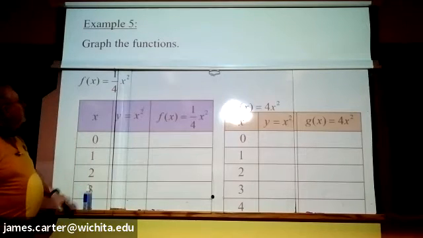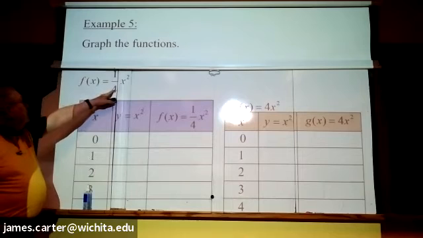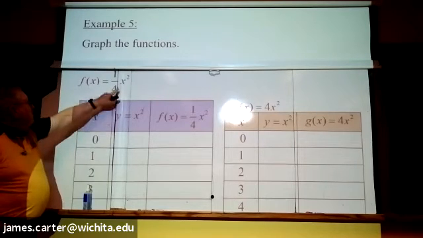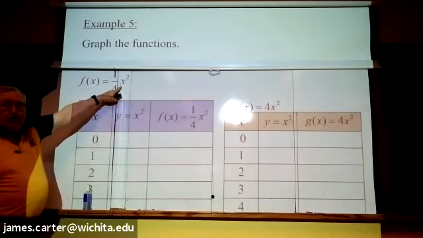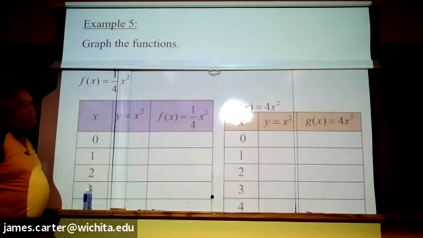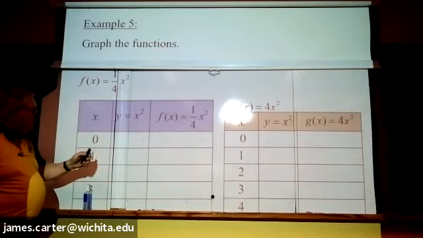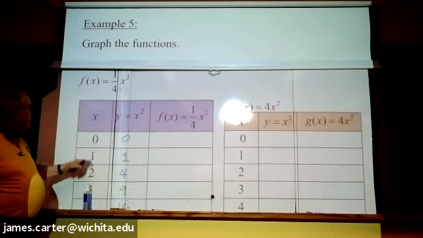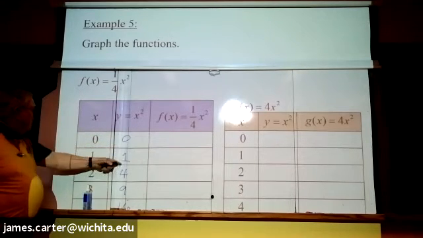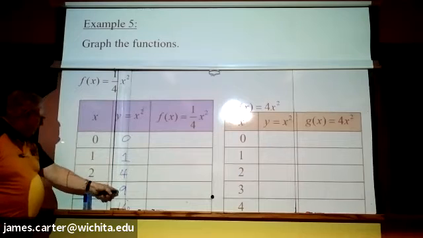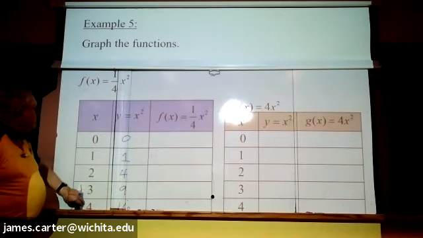Okay, here's an example. If f of x equals 1/4 of x squared, remember x squared is a quadratic. It's going to be a parabola. So here, plotting points. If you plot for 0, you get 0; 1, 1; 2, 4; 3, 9; and so on.